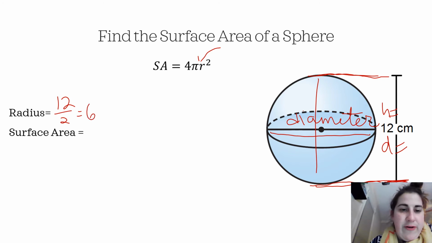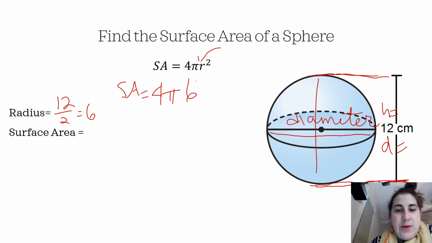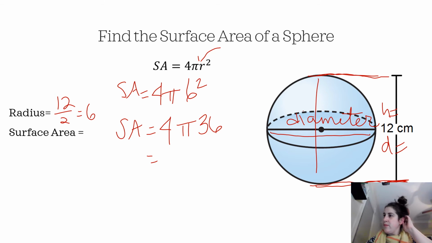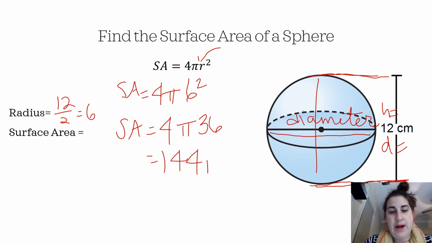Okay, so let's put that in my formula. Surface area equals 4 times pi times 6 squared, which is 4 times pi times 36. That gives me 144 pi.